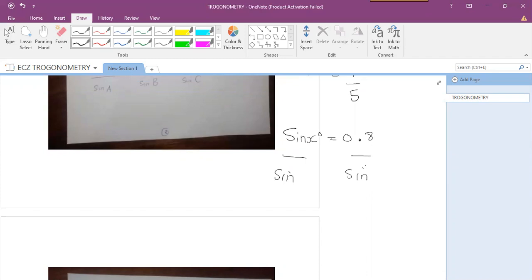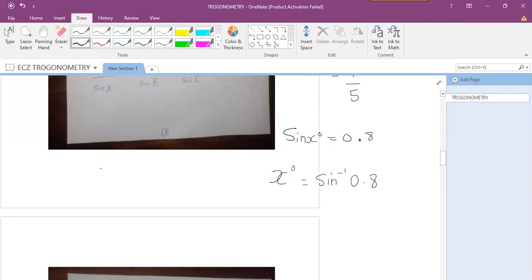But this time, we do not know the value of sine. So how do we make x the subject of the formula then? We're going to use something known as inverse of sine. And this works with all trigonometric ratios, whether it's tan or cosine. So you're going to say x degrees is the inverse of sine 0.8.